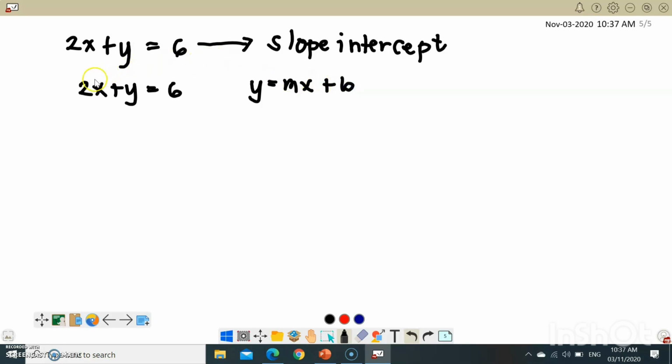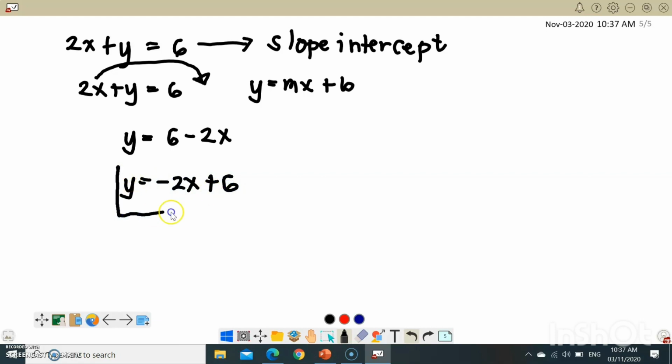So we need to transpose 2x to the other side of the equation. We now have y = 6 - 2x. Following this form, y = -2x + 6. And you have now transformed a linear equation written in standard form into slope-intercept form.